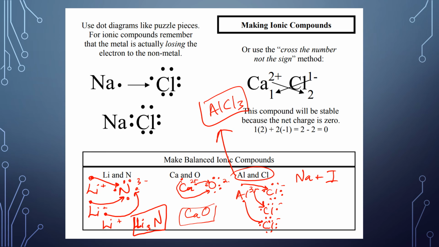Sodium and iodine. Sodium is 1 plus and has 1 valence electron. Iodine has a total of 7 valence electrons. So iodine is going to steal this one because, I forgot to mention this, whichever element is going to steal the electrons is the more electronegative.